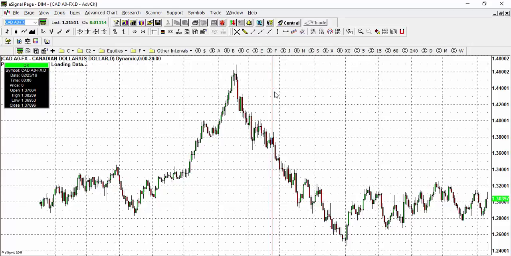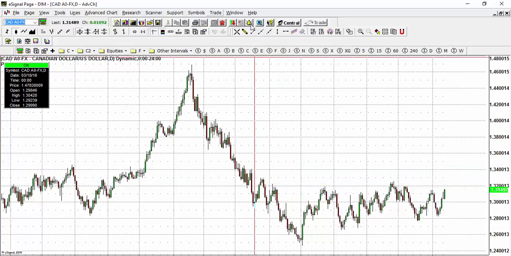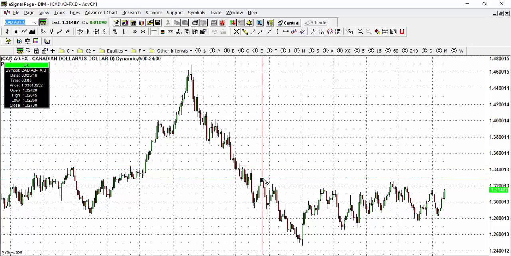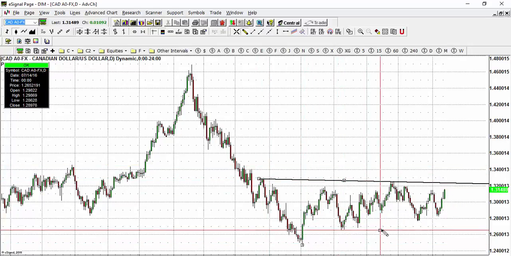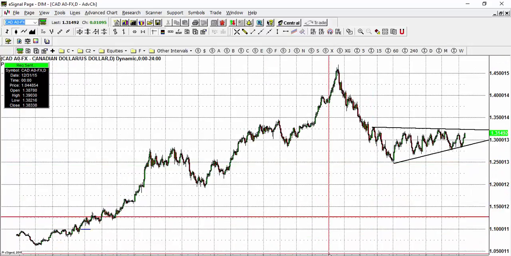Looking at the Canadian dollar also, we have the Canadian dollar in a consolidation pattern and a slight triangle also. And we'll be looking for a break to the upside with the Canadian dollar.